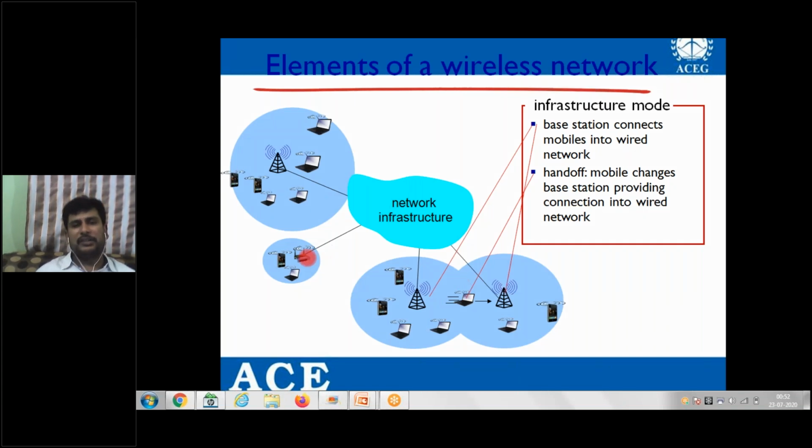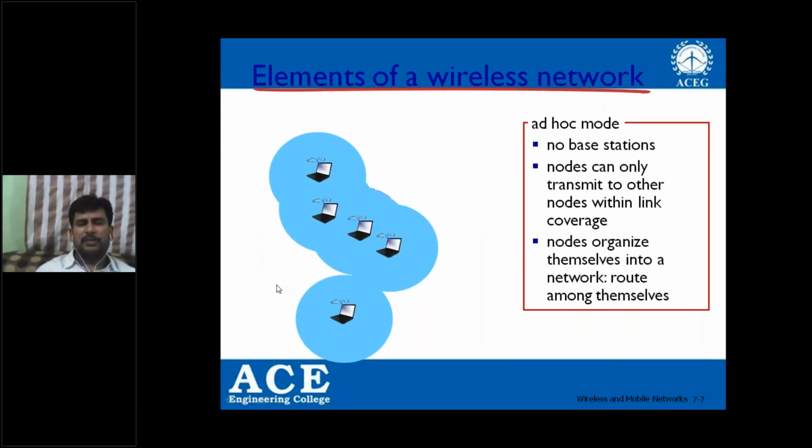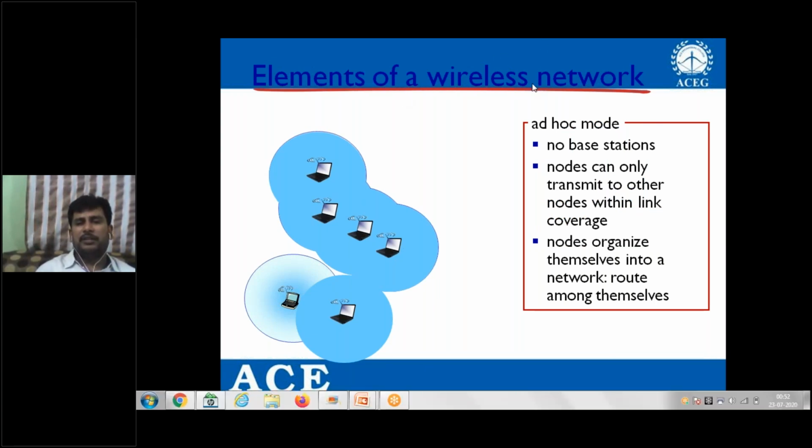So when you have a particular segment where you don't have a base station to control and only the devices are connected, then that kind of network will be referred to as an ad hoc network, or ad hoc mode. So there are two types: infrastructure mode, where you have devices controlled by a base station, and second, an ad hoc mode, where you don't have any base station to control the devices.